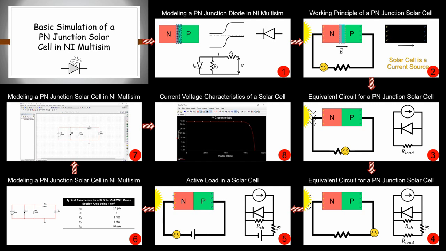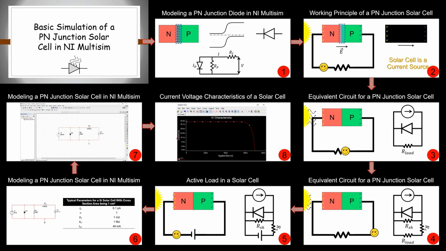You need to have a basic device physics idea of the device, what is the equivalent circuit for your device. Then from that, you need to understand what will be the equivalent circuit for your corresponding solar cell, meaning where the current source will be placed in your equivalent circuit.